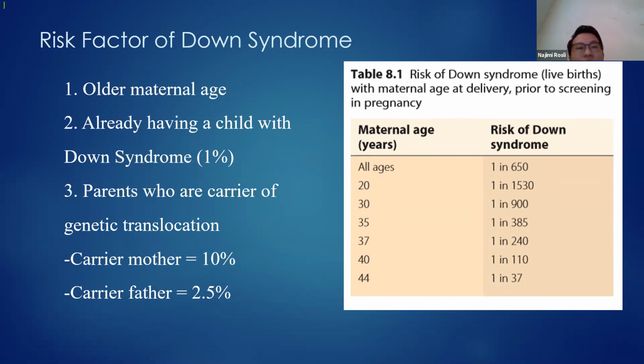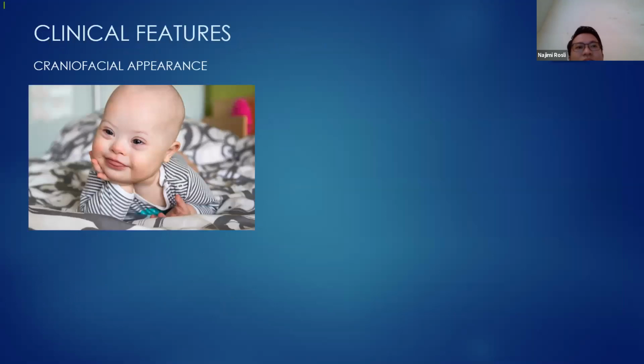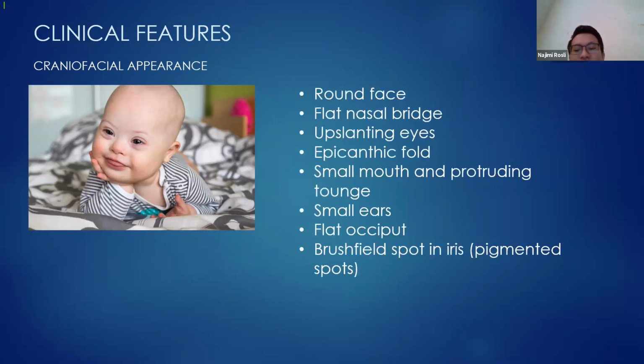And next, we go to the clinical features of a person with Down syndrome. Basically, they have a typical craniofacial appearance, such as a round face, flat nasal bridge, up-slanted palpebral fissures, epicanthic fold, small mouth and protruding tongue, small ears, and also flat occiput.